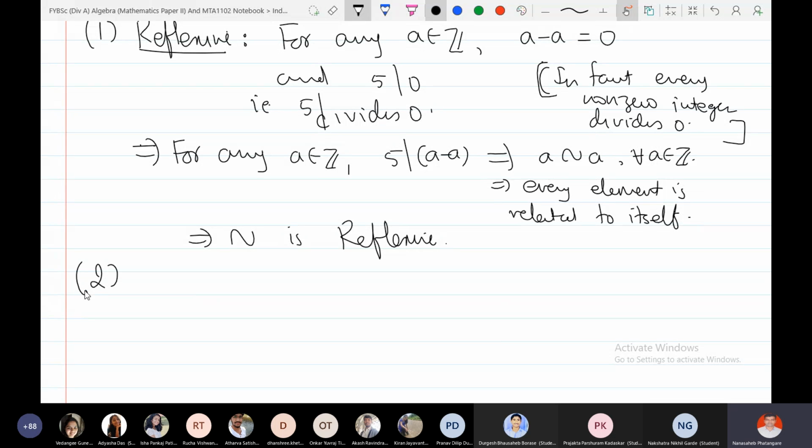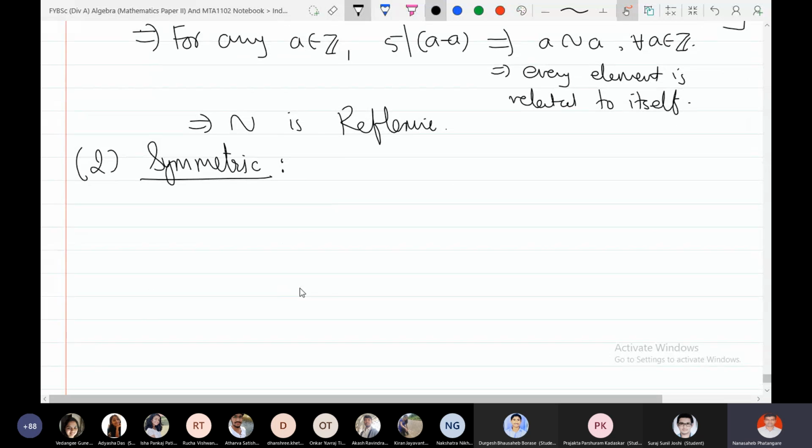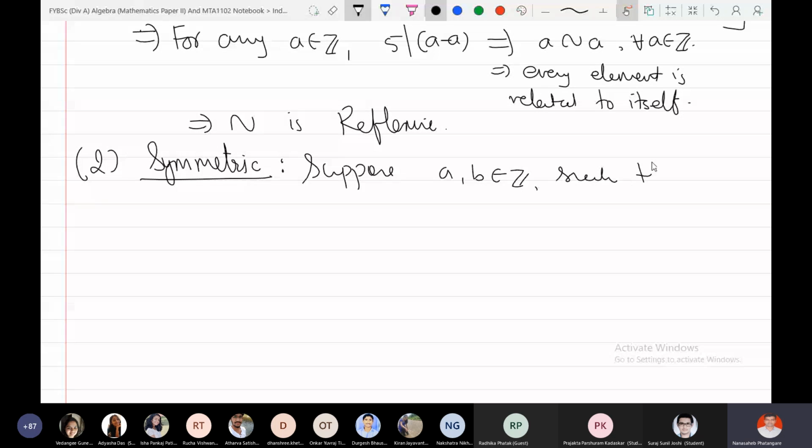So therefore, the relation is reflexive. Fine. Now let us check whether it is symmetric. Suppose a and b are integers such that a is related to b.